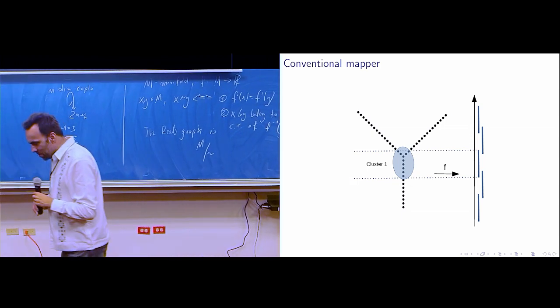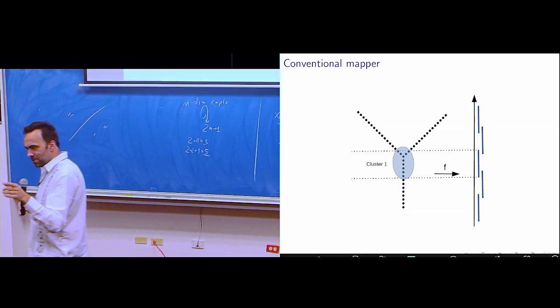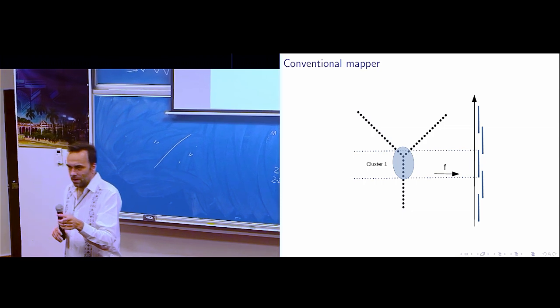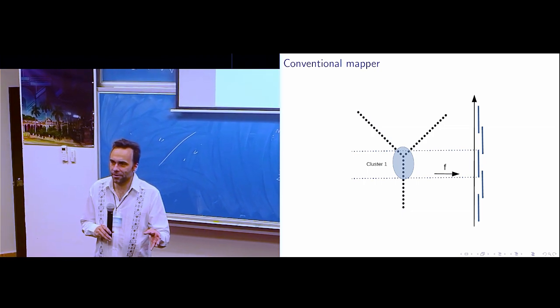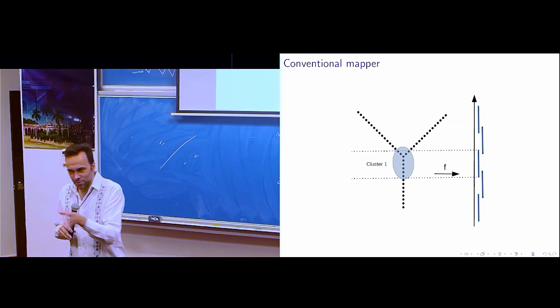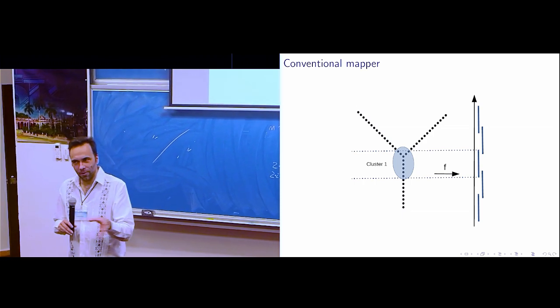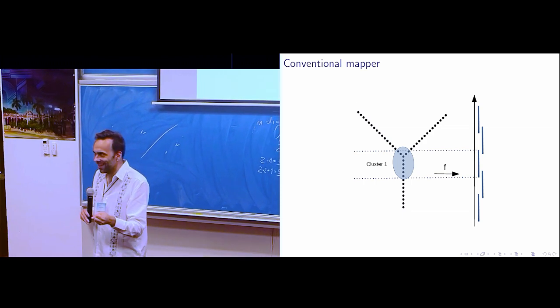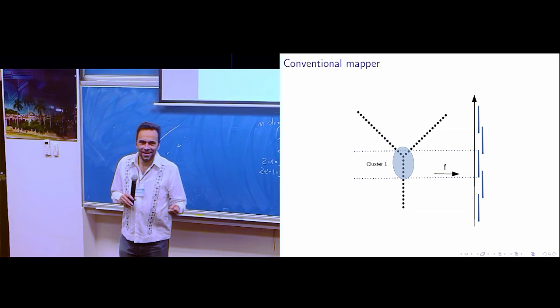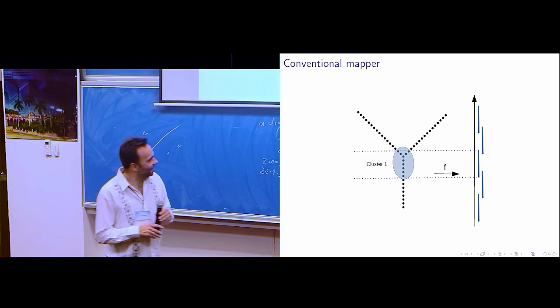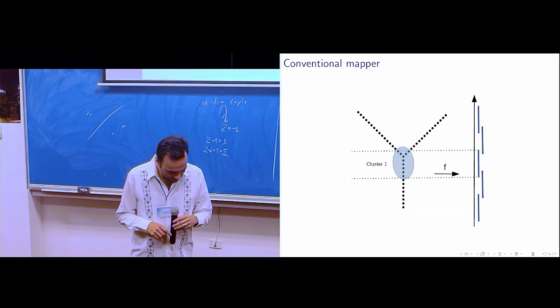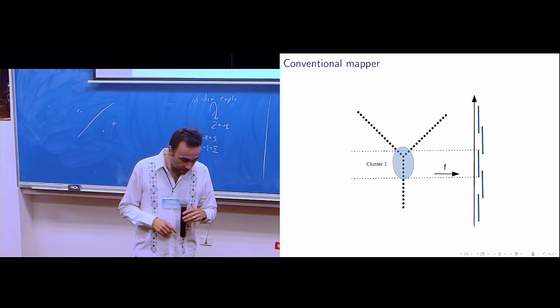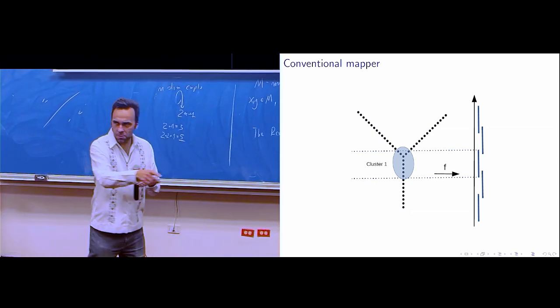No. So that's both the blessing and the curse of mapper. The blessing is you can use pretty much any clustering algorithm you want. And the curse is you can use pretty much any clustering algorithm you want. So you need to make a choice. No, this is precisely what Jesus was asking.